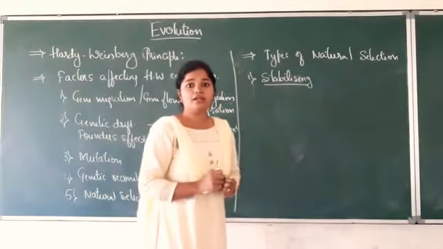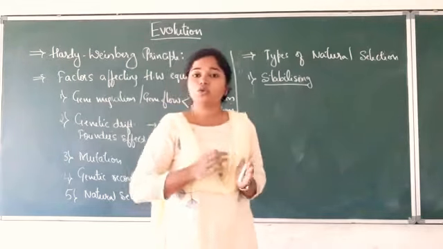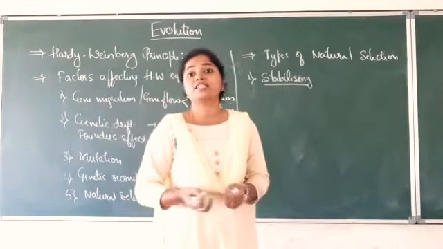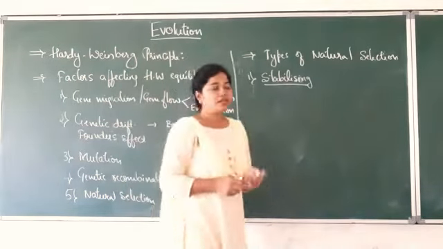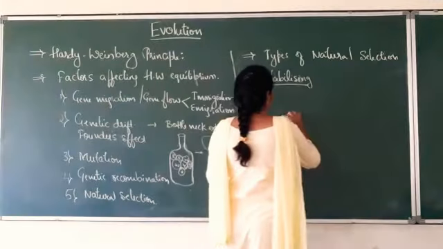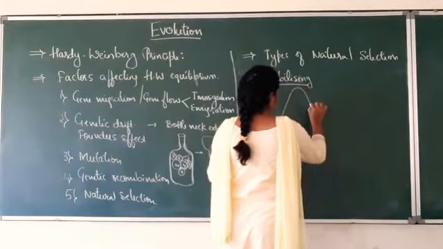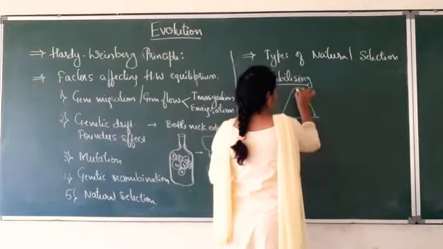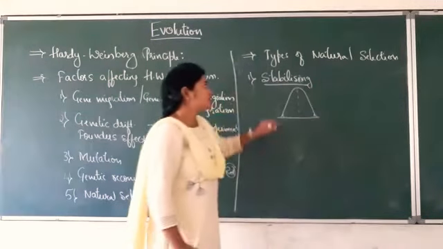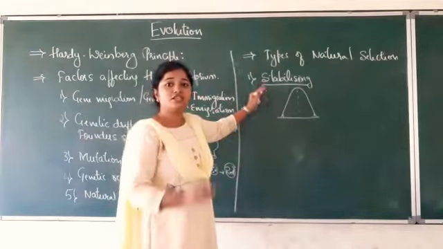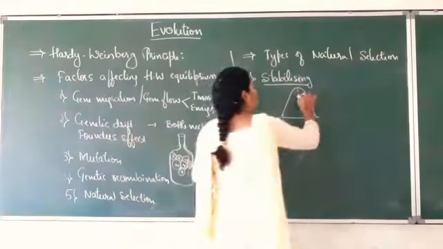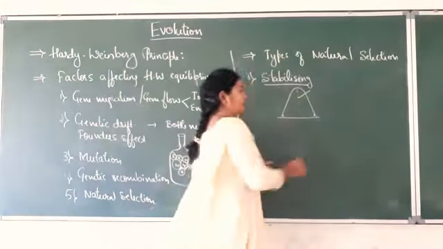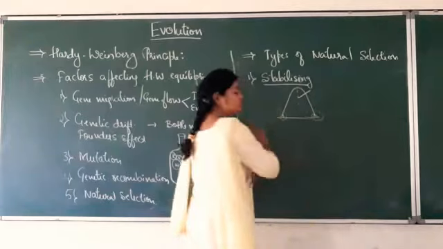Here nature is going to select only the intermediates except the extremes, right? Suppose we take a graph. Here are the two extremes and this is the average, right? In the stabilizing type of natural selection, nature is going to select only the intermediates and exclude these extremes.